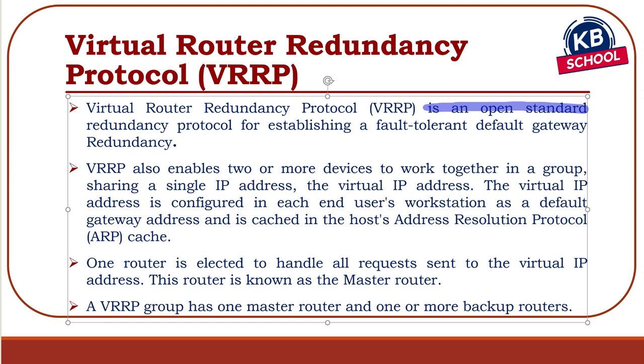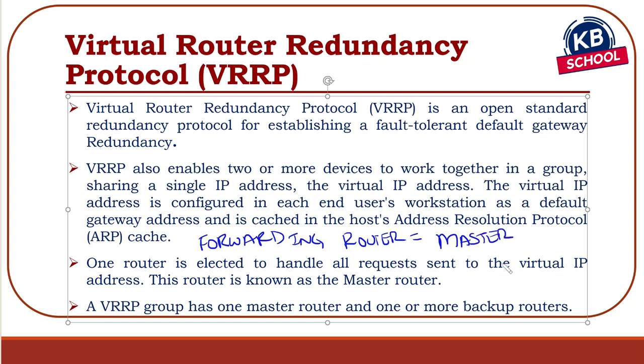Now, the difference in the way it works, first of all, terminology wise, the forwarding router in HSRP was called the active router. Here, the forwarding router is called the master. And the backup router is actually called the backup router. So you have one master, and the backup router is known as a backup router.